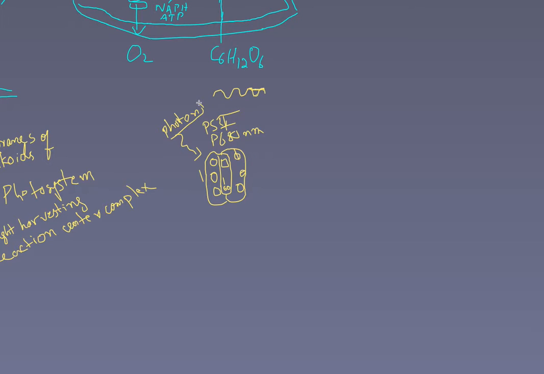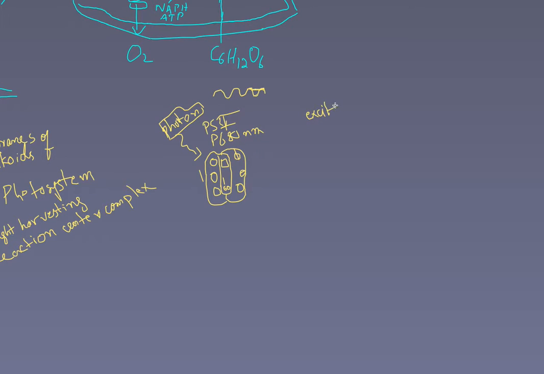Light is sometimes viewed as a particle, as well as a wave. If a photon comes and strikes one of these pigments, it excites the electron in that pigment, and that electron is said to be in an excited state.